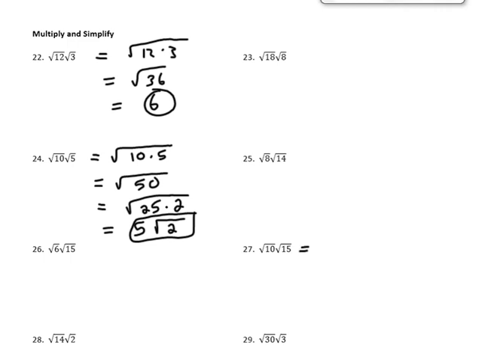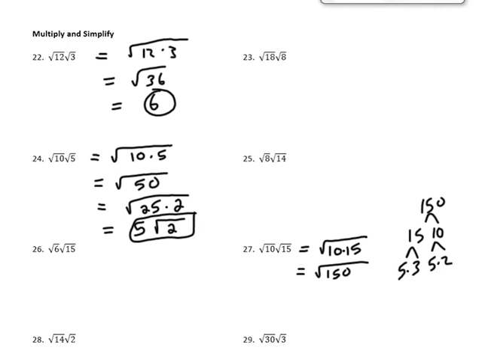If you don't, let's take a look at number 27. I still am going to have the square root of 10 times 15. But I want to break those numbers down. So one way to do that is just to multiply them. So I have 150. And I can find the perfect squares in 150, or I can find the factors that go into 150. Well, we just said that this was 15 times 10. 15 is 5 times 3. 10 is 5 times 2.